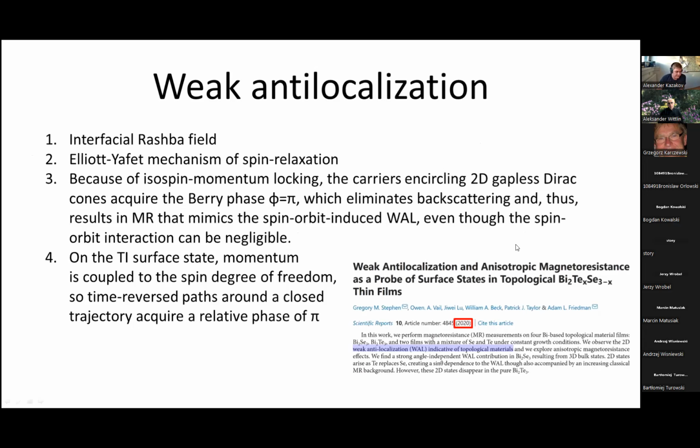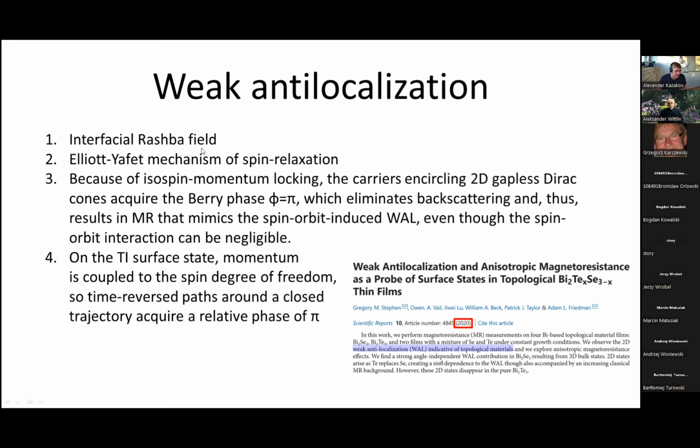Quite soon it was realized that spin-orbit is not the only effect which can lead to weak antilocalization. There are different mechanisms leading to the same effect.